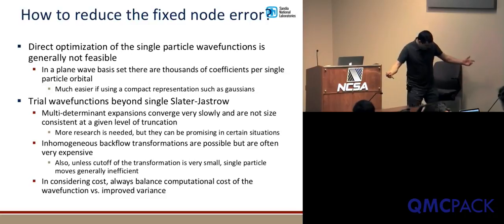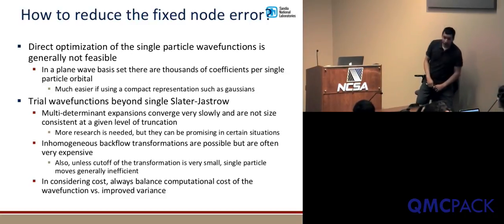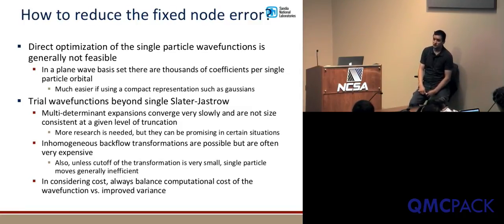Next, there's been some really elegant work done for reducing the fixed node error in finite calculations. For instance, we can use these multi-determinant expansions that we know will eventually converge. One thing you might like to try is direct optimization of these single particle wave functions. We could, in principle, use VMC to change our single particle wave functions.